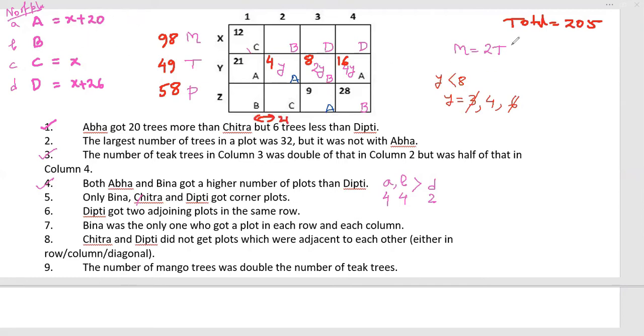Again, we can find some numbers. These are the numbers for Abha, Bina, Chitra and Dipti.